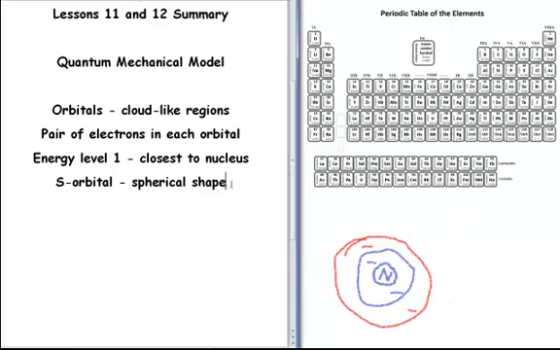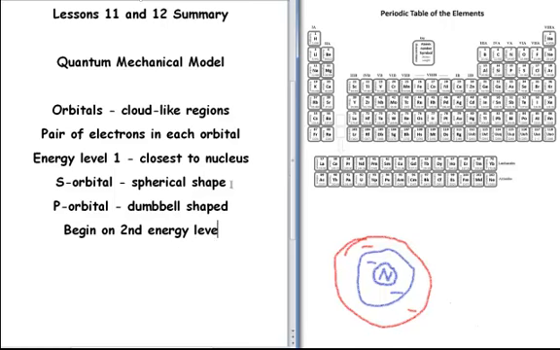There is also going to be a p orbital, which is dumbbell shaped. Those begin on the second energy level. There are a total of 3 p orbitals per level, meaning they can hold a total of 6 electrons.